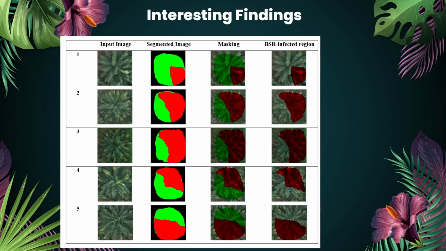Another interesting finding in this study is that we not only can detect the health status of the tree, we can also show the infected region in order to increase the reliability of this algorithm to the plantation community. As you can see, the infected region is segmented in the red region and the healthy region is segmented in the green region.